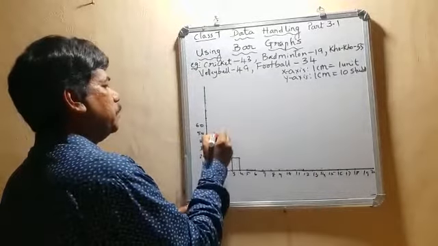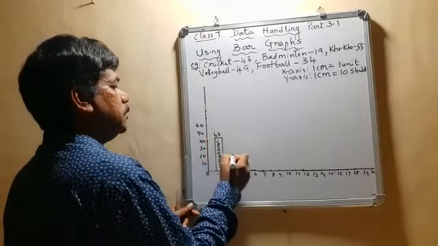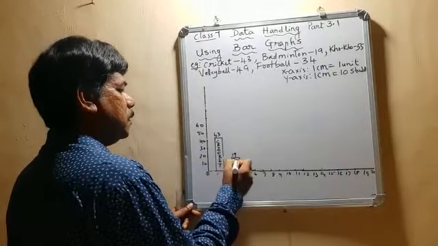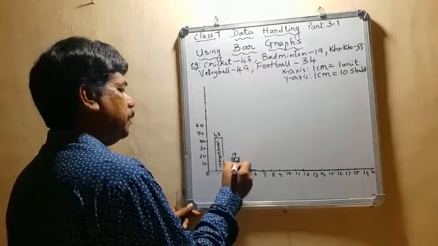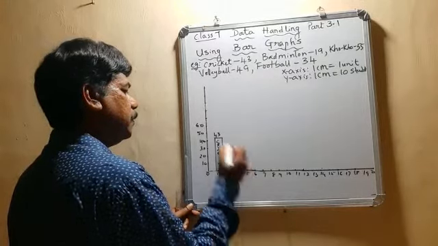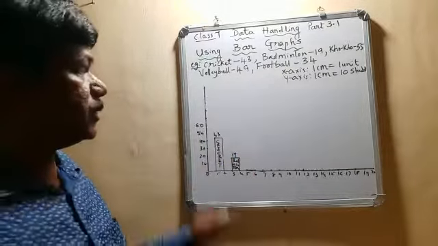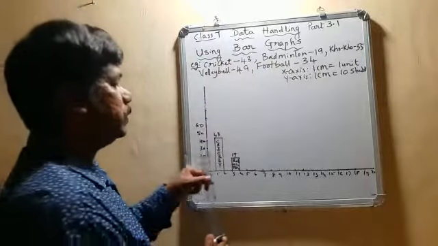This was 43, this is 19. So this is badminton. Next is Kho Kho, which is 55.